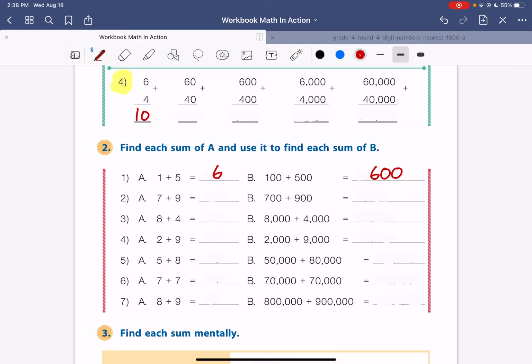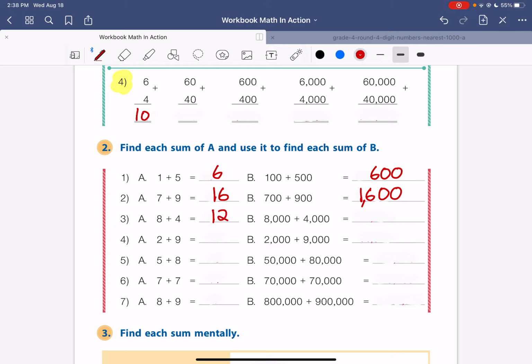Again, 7 plus 9 equals 16, so we're going to write 16 here. How many zeros? We have 2 again, so we're going to add 2 zeros. 700 plus 900 equals 1,600. Number 3, 8 plus 4 equals 12. How many zeros do we have?